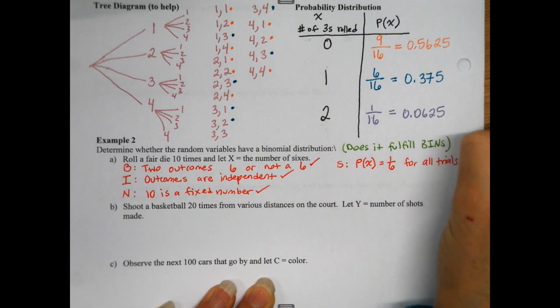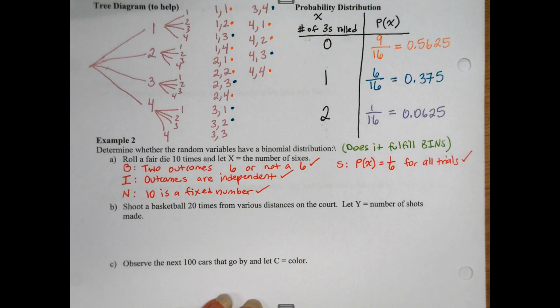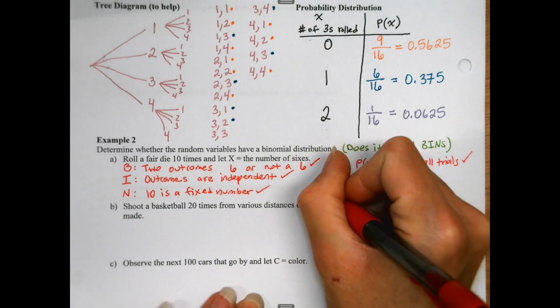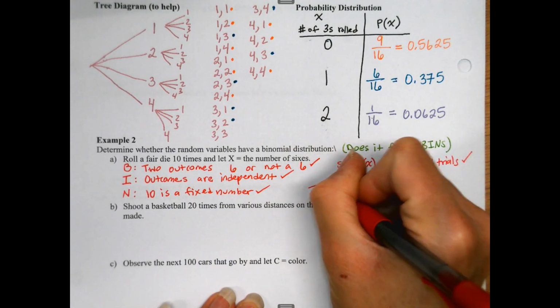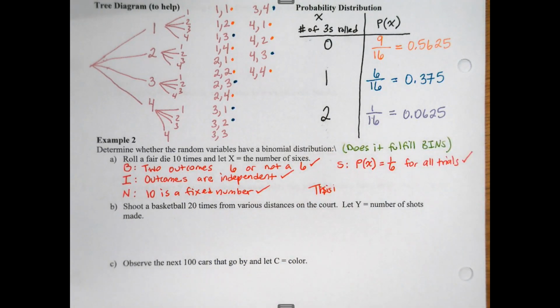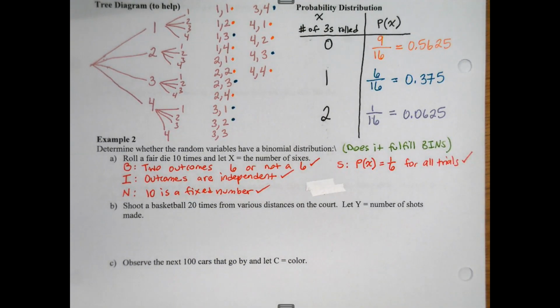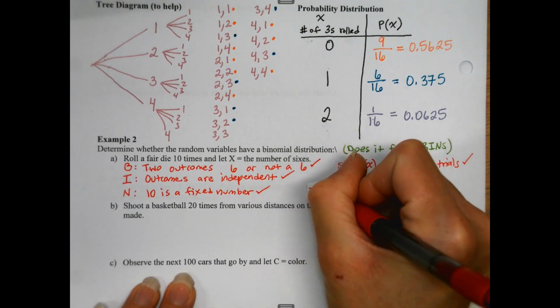And so that success has been fulfilled. So therefore we can say that this is a binomial distribution.